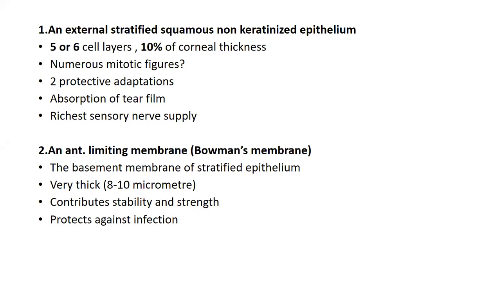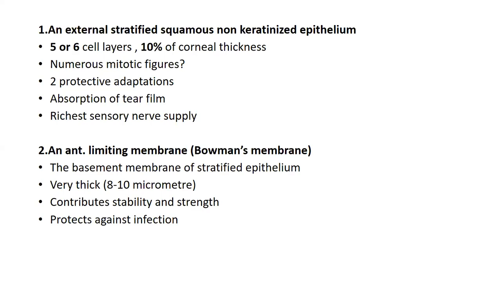Basically, the epithelium of the cornea, according to its function, because this area is exposed to the external environment, dust, particles, various bacteria. So nature has provided us with the stratified squamous epithelium, and this epithelium is adapted according to its function. So what is the function? This epithelium has the property to regenerate or proliferate.